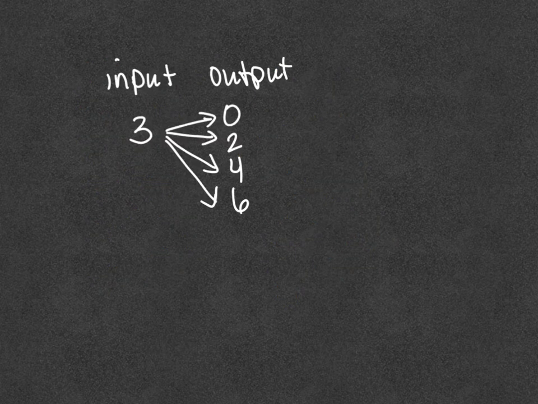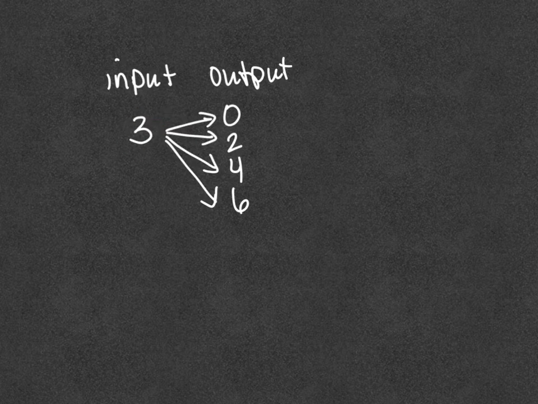Well, let's see. Is there a rule that I can calculate 3 with, that same rule being calculated with 3, that's going to give me an output of 0, and then also an output of 2, and then also an output of 4, and then also an output of 6? A whole rule that I could do that with. And there's not. There isn't one that I can say, okay, the calculation is this.